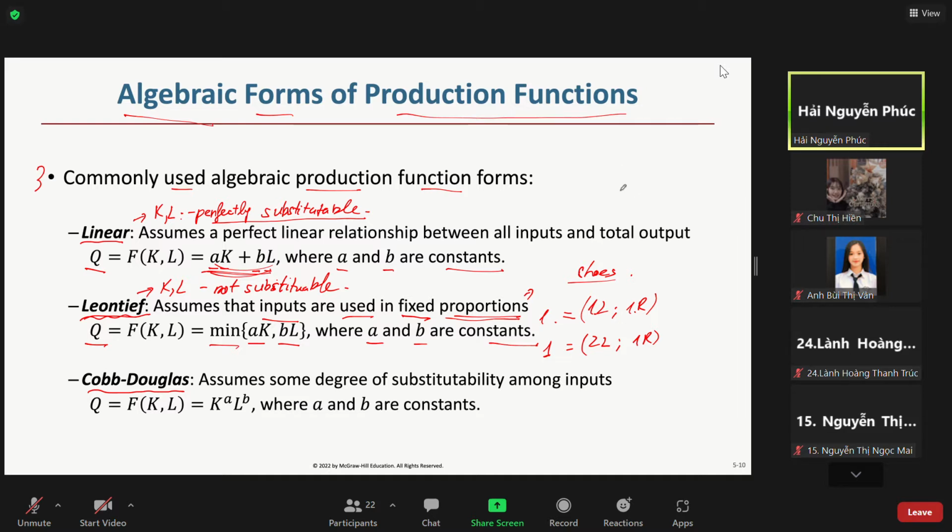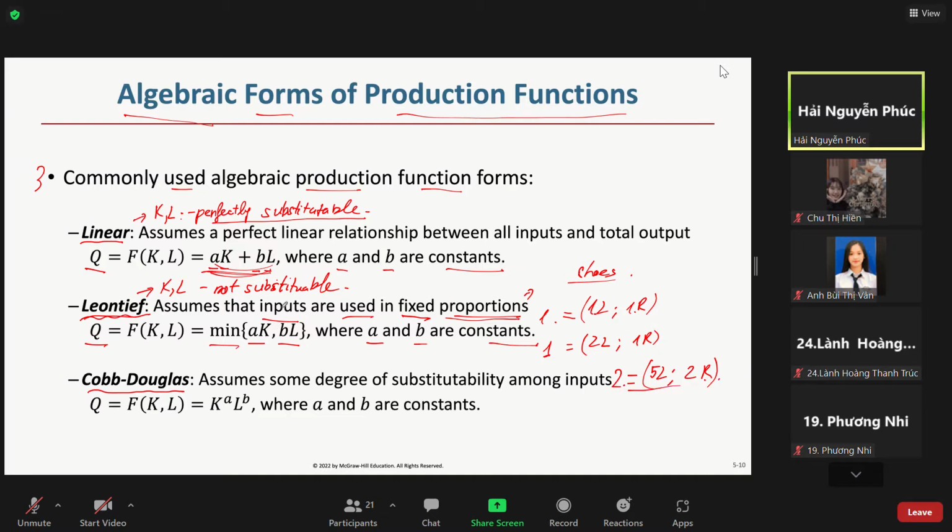So for example, once again, if you have 5 left and 2 right, the quantity of usable pairs of shoes is going to be the minimum of these. It is going to be 2 only.